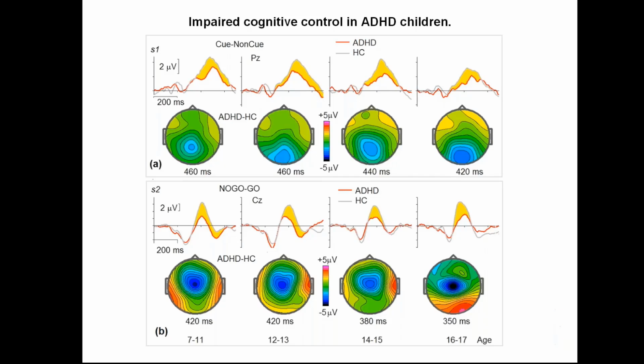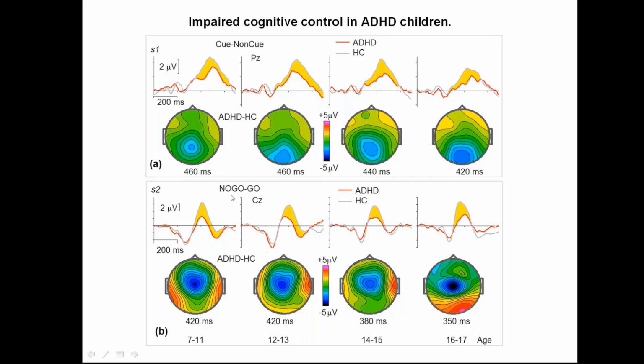So this picture shows that there is at least a subgroup of ADHD subjects that show low activation of parietal cortex in response to the cues. At the bottom, I show the difference wave, no-go minus go.